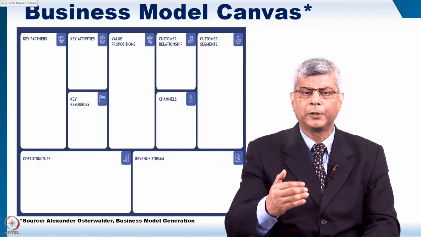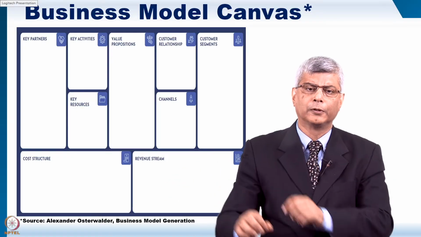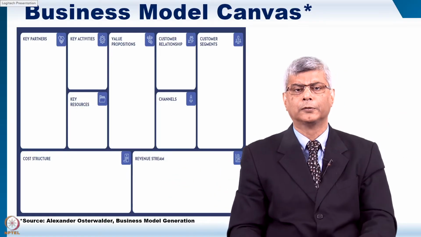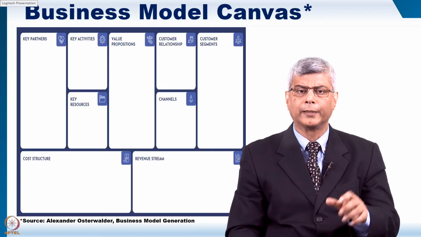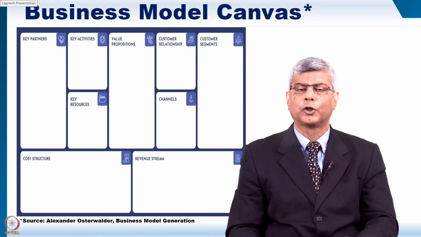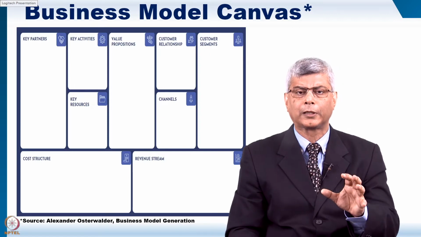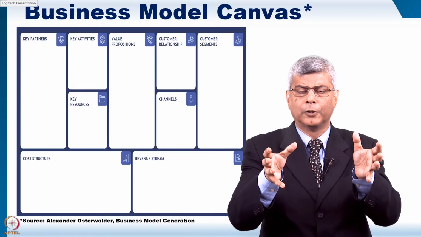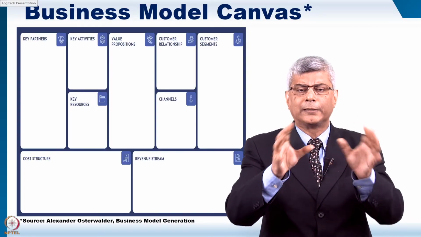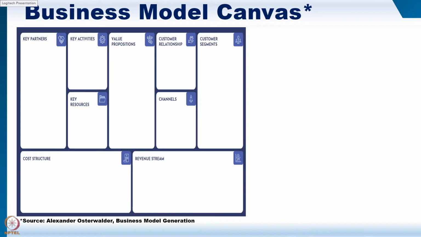It could be by customer. So that's the revenue part of it. And then we've got the cost part of it. Different kinds of cost: cost of production, cost of marketing, cost of selling, cost of people, cost of infrastructure, cost of IT. So this is another version of defining the business model of different businesses or companies.